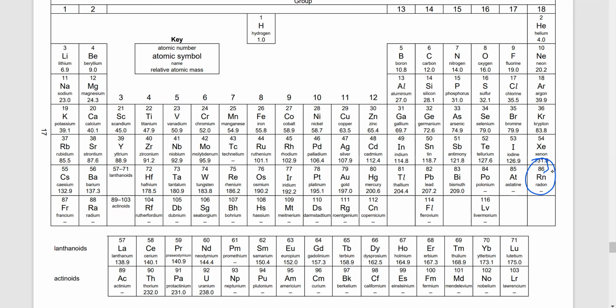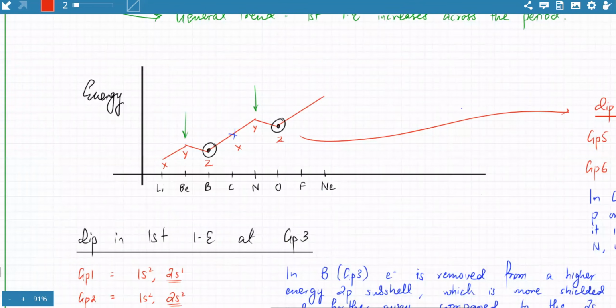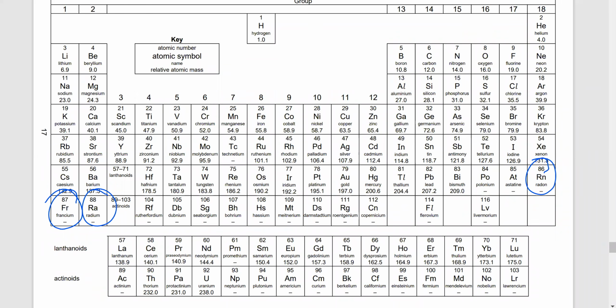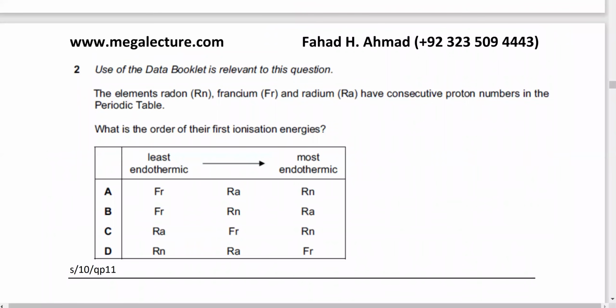So this is radon then francium and then radium. अब remember कि ये वो part है कि आप group के end पे पहुंचे और फिर नया period start हो रहा है. So if I plot it over here, तो ionization energies का across the period जो graph चल रहा होता है that's like this and then you reach noble gases and after you reach noble gases एकदम से dive next period. ठीक है and the same thing repeats.